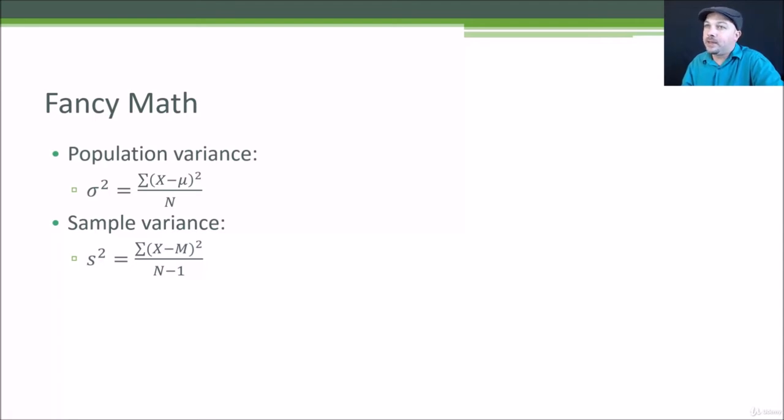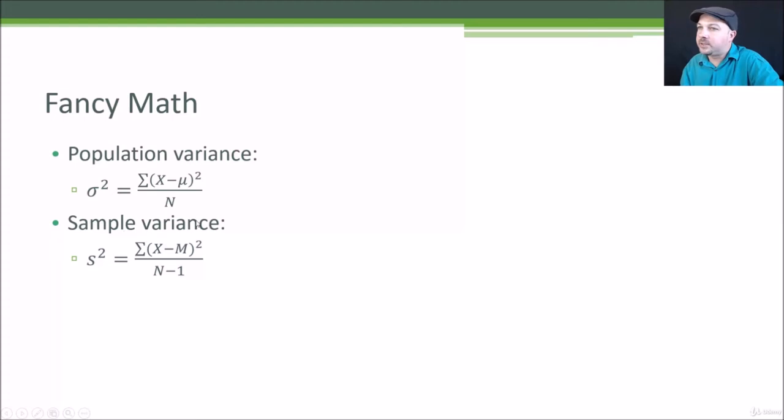And if you want to express this in terms of fancy mathematical notation, I try to avoid notation in this course as much as possible. I think the concepts are more important. But this is basic enough stuff that you will see it over and over again. Population variance is usually designated as sigma squared, where sigma is standard deviation. And we can say that is the summation of each data point x minus the mean mu squared, that's the variance of each sample squared, over n, the number of data points.